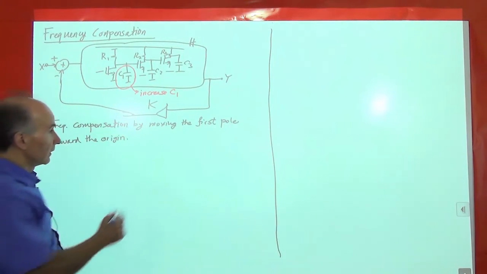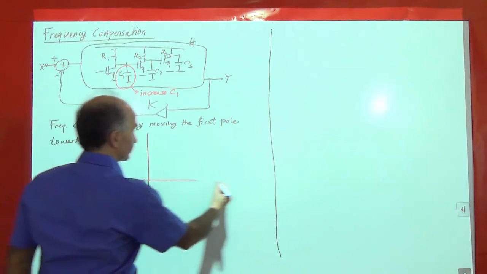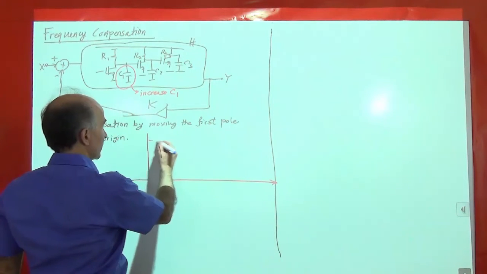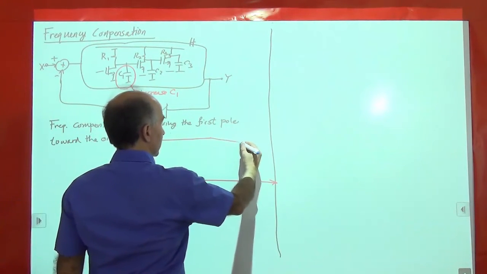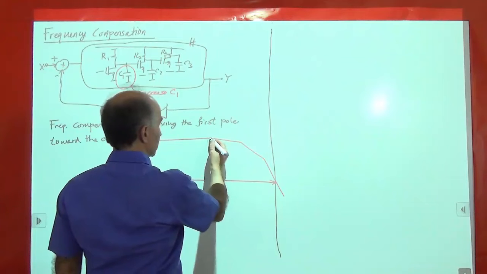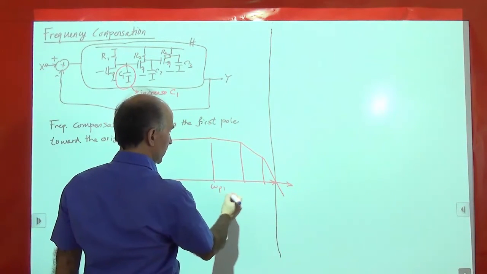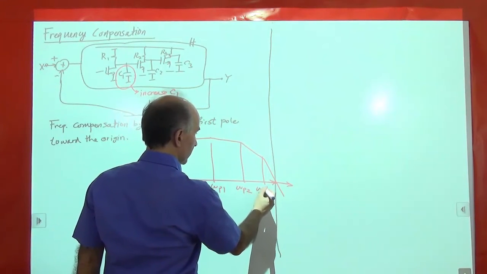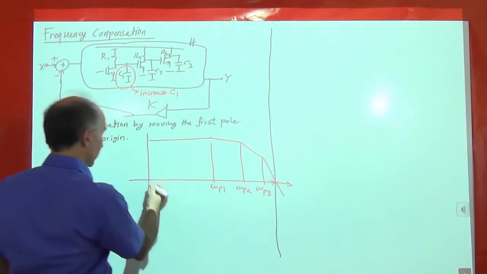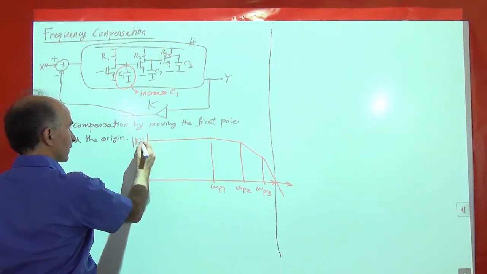So let me try to plot that quickly here. Imagine that I start from a system like this. Omega P1, Omega P2, Omega P3. And this is the magnitude of KH.